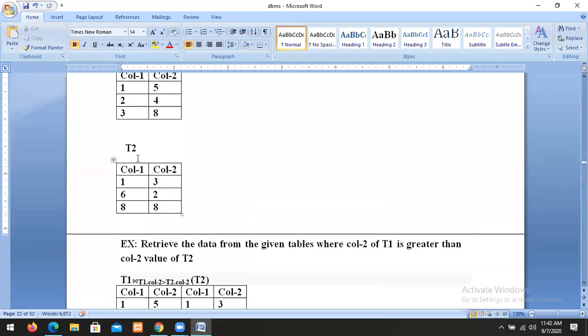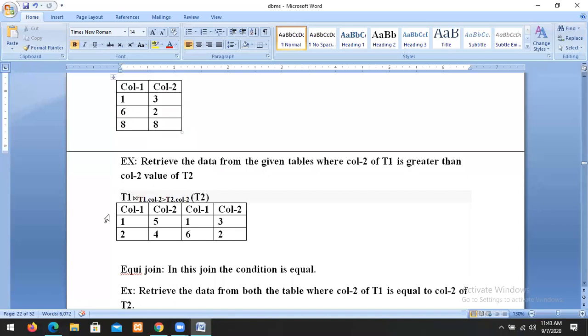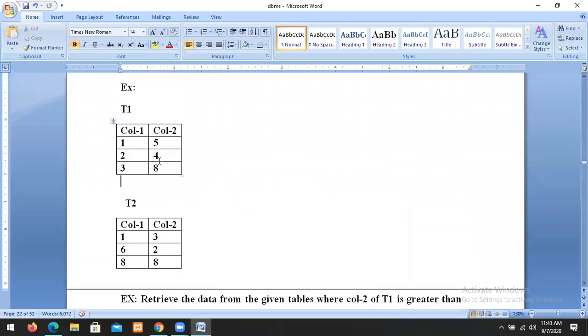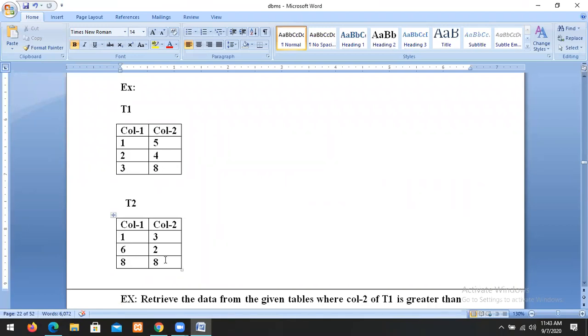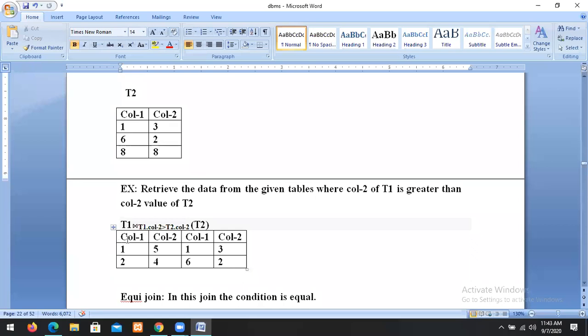If the column 2 values are 5 and 3, 5 is greater than 3, yes, this row is selected: 1, 5, 1, 3. Another, 4 and 2. 4 is greater than 2, yes, this row is also selected: 2, 4, 6, 2. Another is 8 and 8. 8 is greater than 8? No, this row is not selected. That's why this is called an inner join, and since the condition contains a relational operator, it is called a theta join.